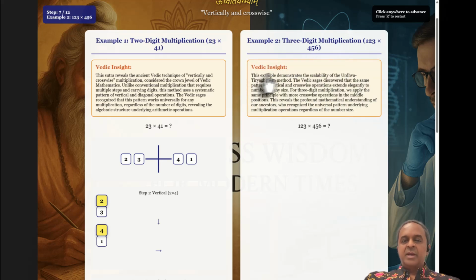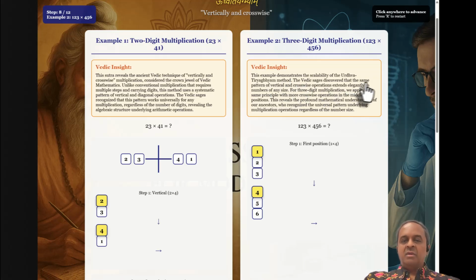So this example demonstrates the scalability of the Urdhva-Tiryagbyham method, right? The Vedic sages discovered that the same pattern of vertical and crosswise operations extends elegantly to numbers of any size. So for 3-digit multiplications, we apply the same principle with more crosswise operations in the middle positions because you have one additional digit.